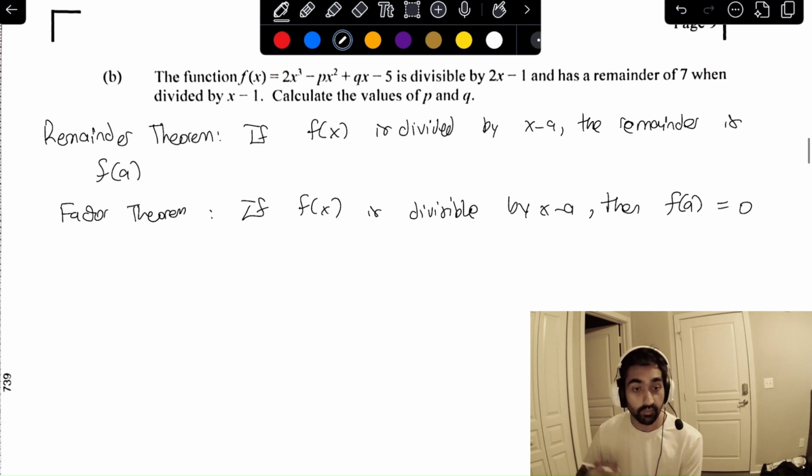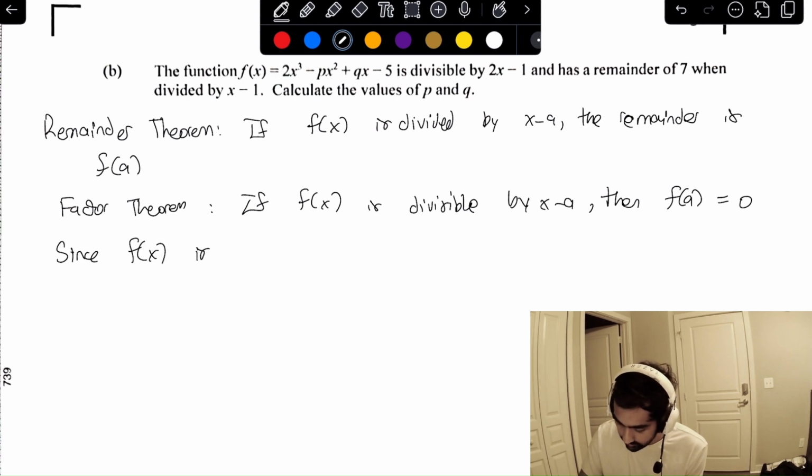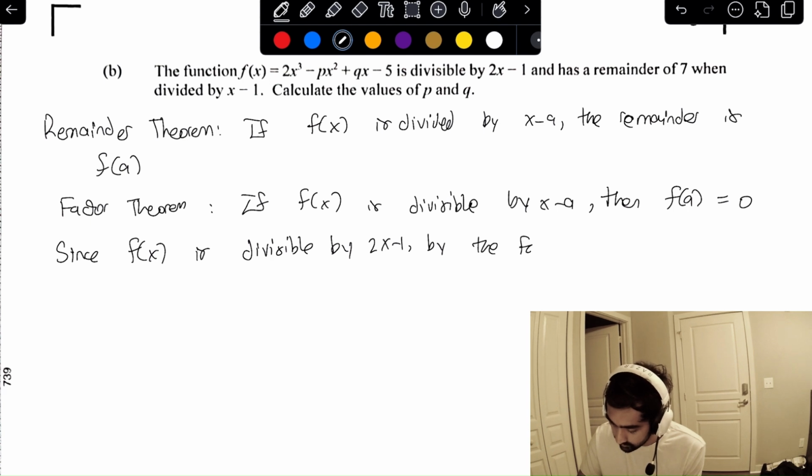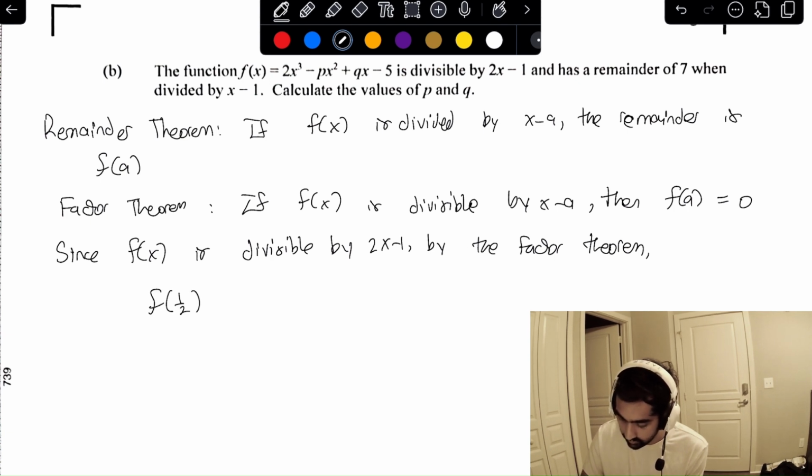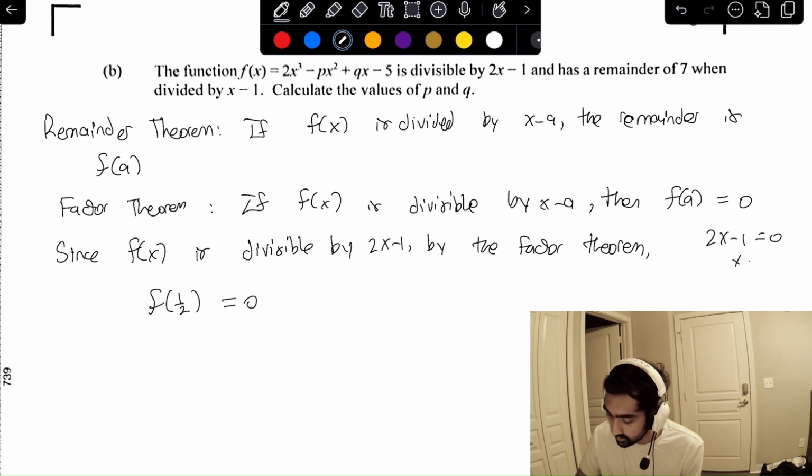The first thing is that it's divisible by 2x minus 1. So since f of x is divisible by 2x minus 1, by the factor theorem, f of 1/2 equals 0. The way I got 1/2 is if you set 2x minus 1 equals 0, you'd get that x is 1/2.